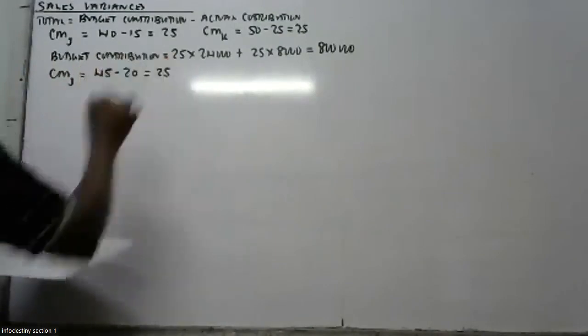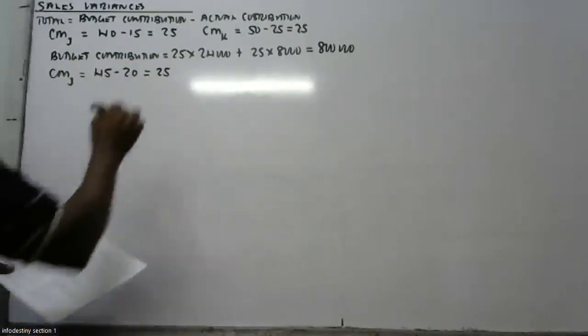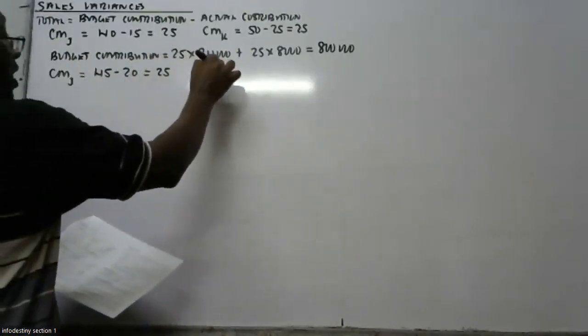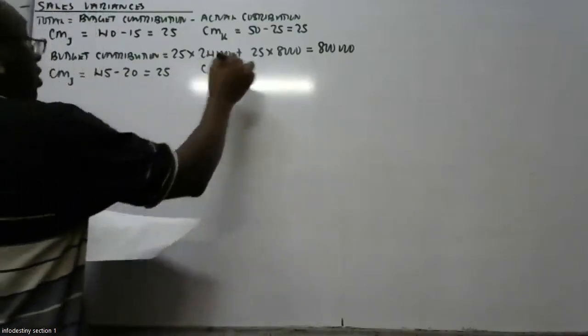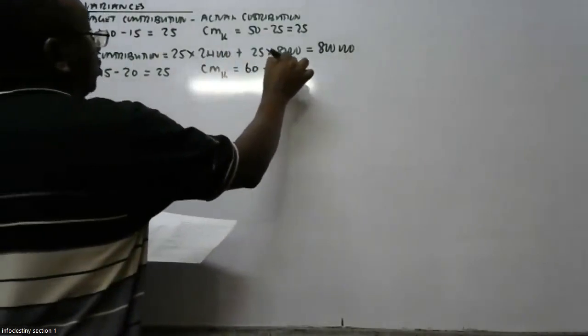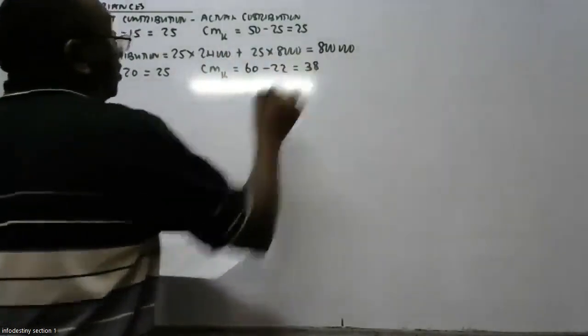That is 25 again. And then the contribution margin of K will be 60 minus 22, and that gives us 38.